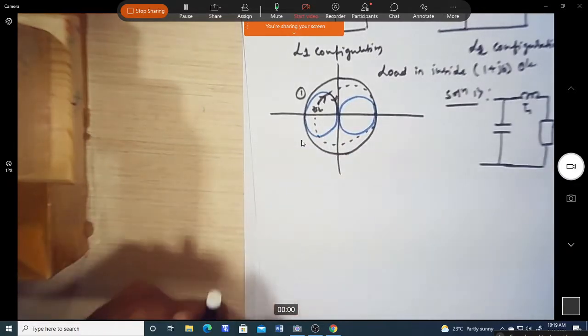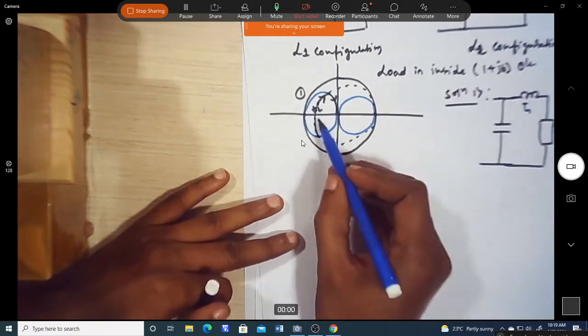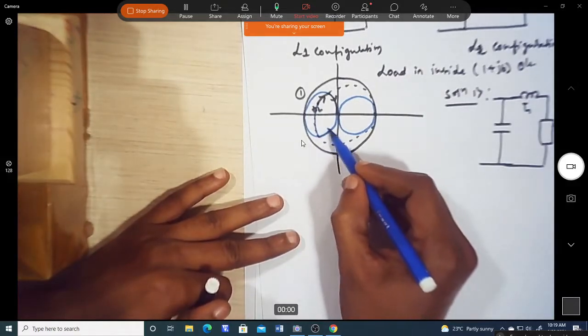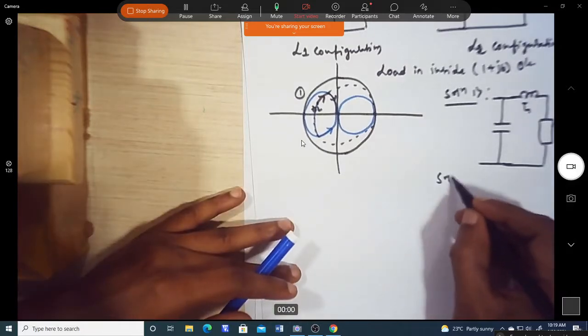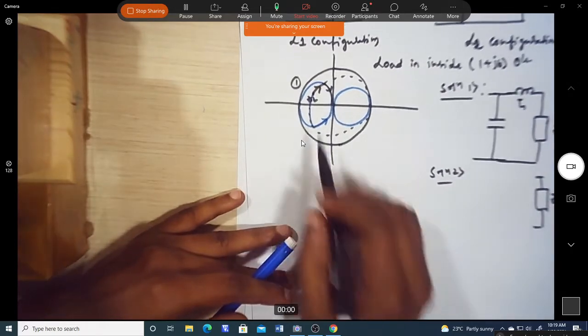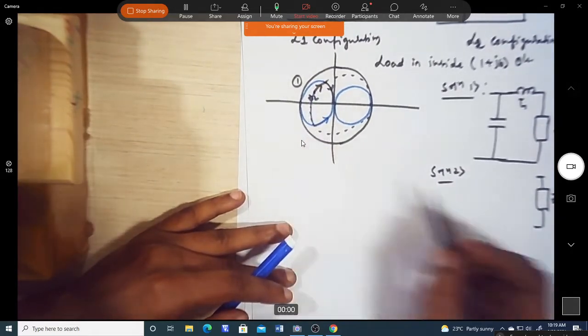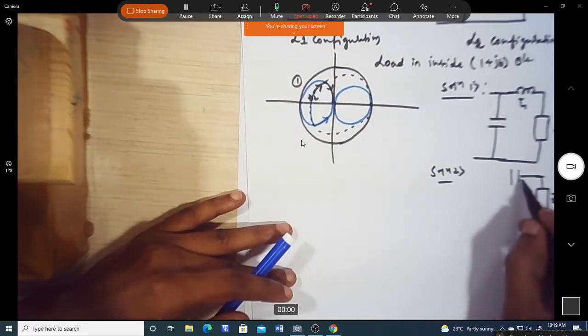Now solution 2: we move downwards on the resistance circle, then upwards on the conductance circle. So we have ZL, and we move on the resistance circle downwards, that is, we have a series capacitor.